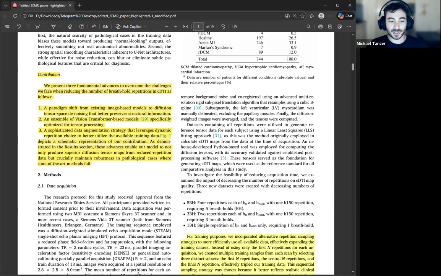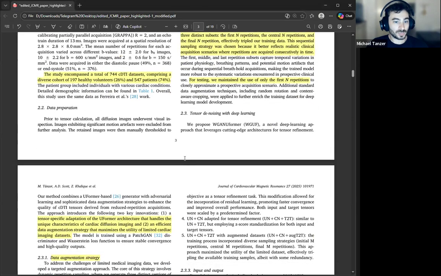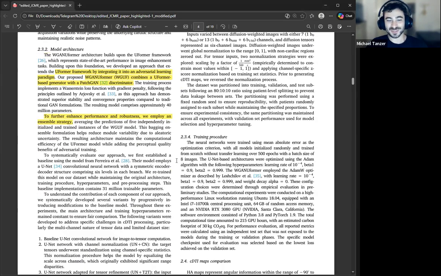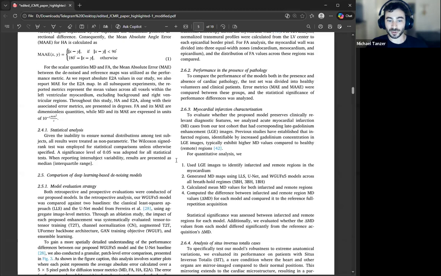So the specific data augmentation we use takes chunks of n repetitions. So yes, this is the main overall novelty, I would say, from the methodological perspective.